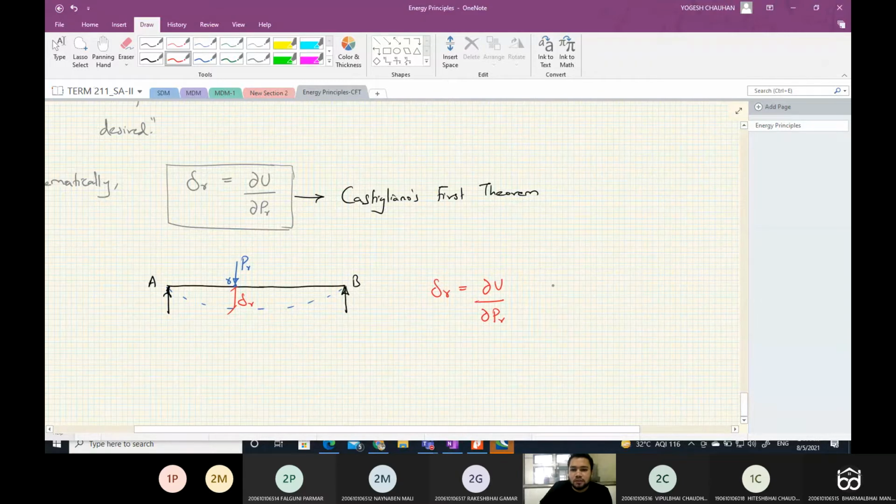This delta R will be in the same direction as that of force PR.